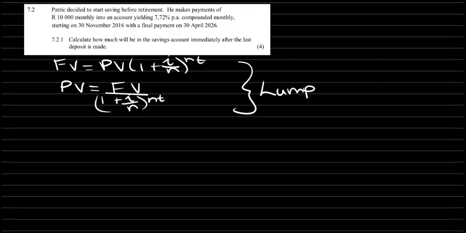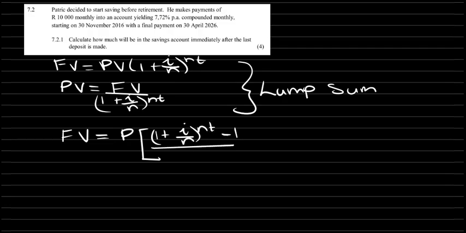The present value is given by the future value divided by the interest rate compounded over a specific time period. These two equations we generally use for lump sum payments. When we do a lump sum payment, we start with one payment and then we don't touch the account again until the end of the period.